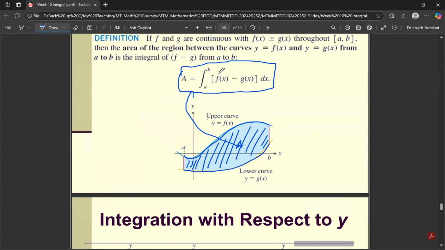This is the top, upper curve, and this is the lower curve. So this is the formula to find the area of the region between the curves y equals f(x) and y equals g(x).